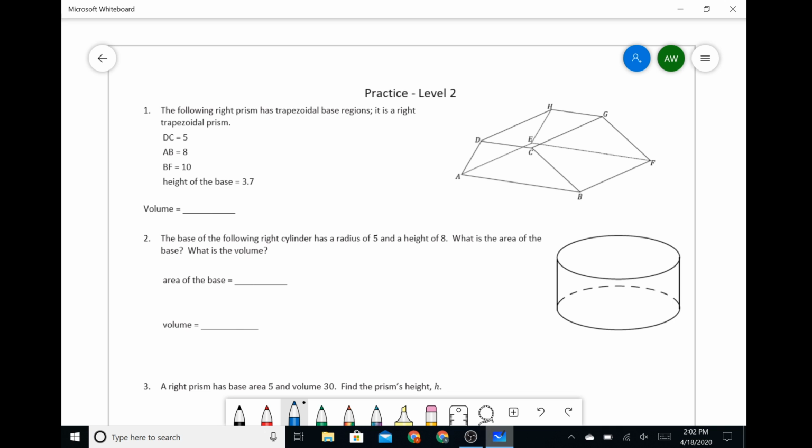I don't know if this is really going to work. Seems like I have a good internet connection. The bit rate's pretty high. We're just going to give it a shot. If you have any questions, you can leave them in the live chat.